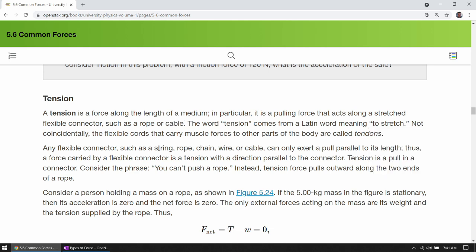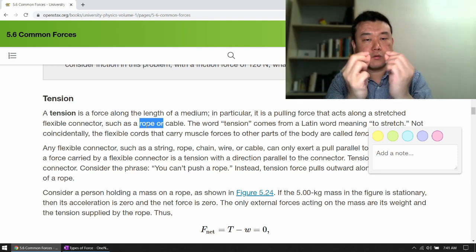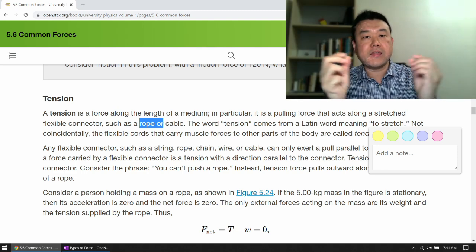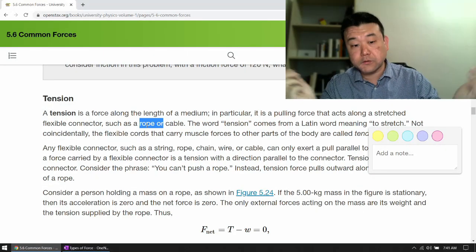If you think through materially how a rope exerts a tension force, the way it works is quite similar to a spring force. As you pull, the rope stretches a little bit, and as it's stretching, it pulls back on the thing that's pulling. That's the tension force.